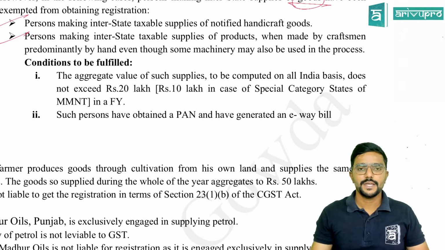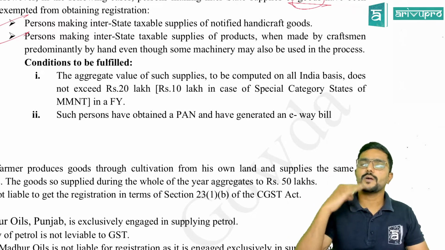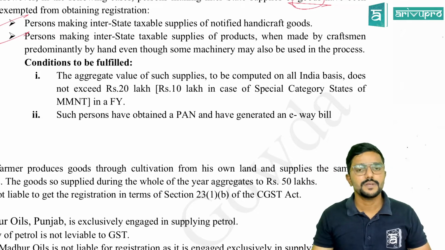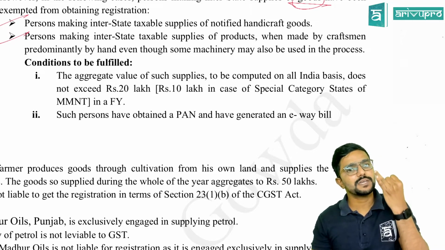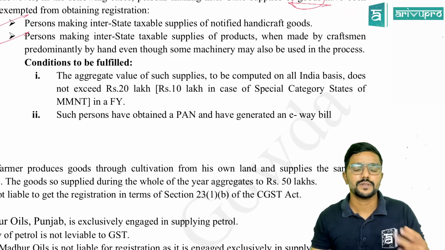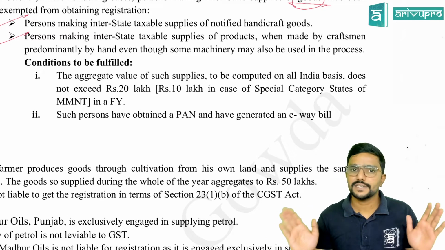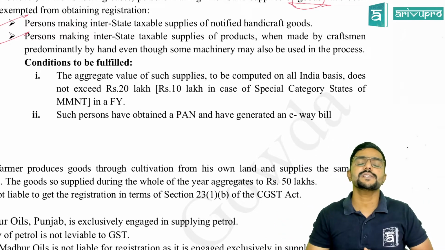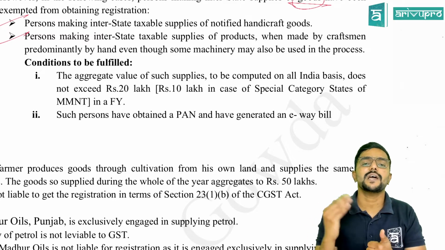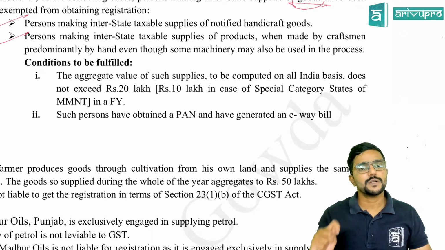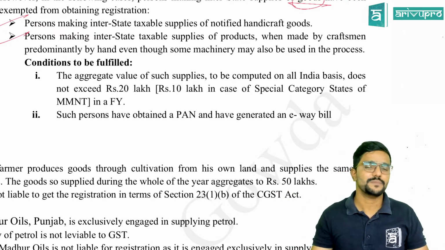But if any services are supplied outside the state, or if handicraft goods or the goods made by the craftsman predominantly by hand are supplied outside the state, then it is not covered under section 24. Section 23 is telling you need not get registered if your turnover is within 20 lakh or 10 lakh. But if your turnover crosses 20 lakh or 10 lakh, it is mandatory for you to get registered. Means you have to get registered.